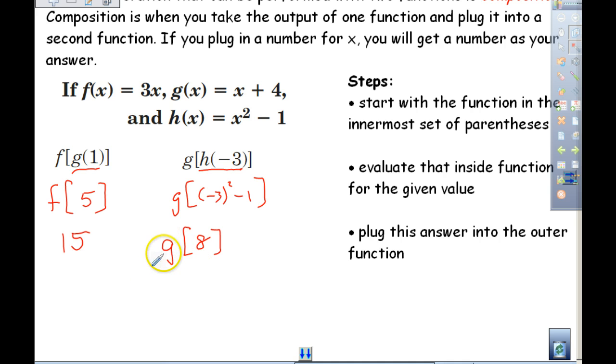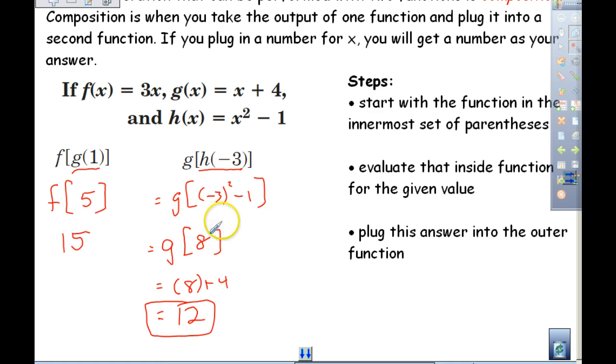Now, switch to the g function. What's g of 8? That'll equal 8 plus 4, which equals 12.